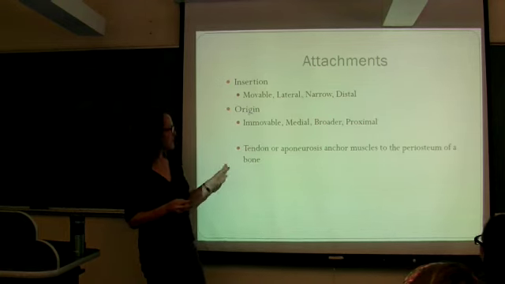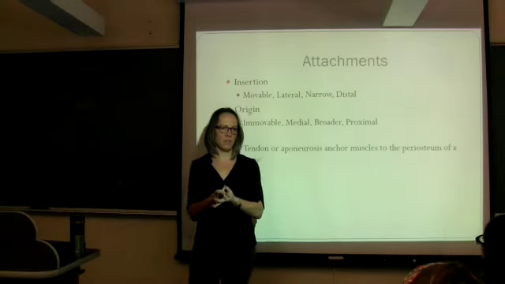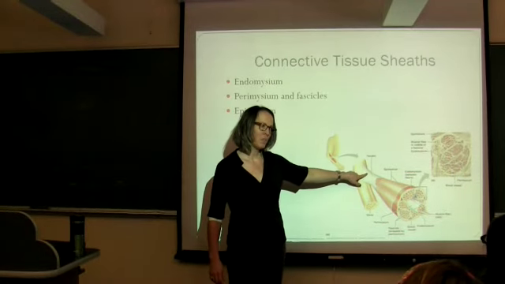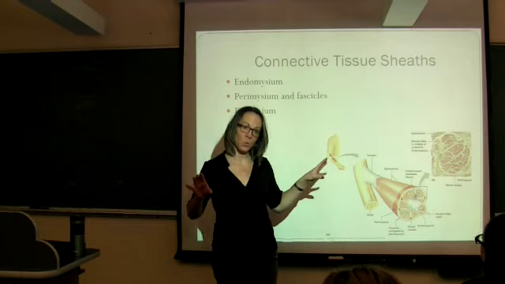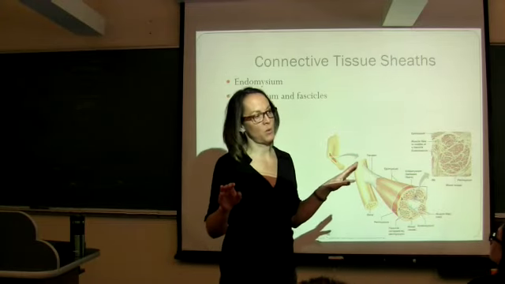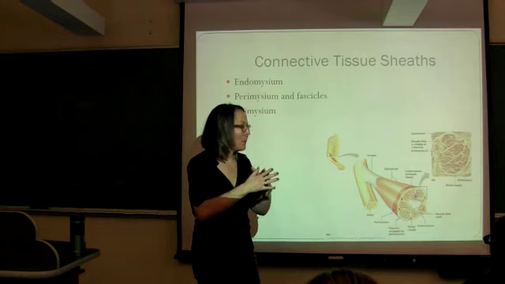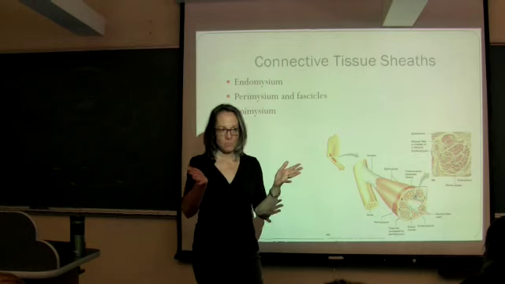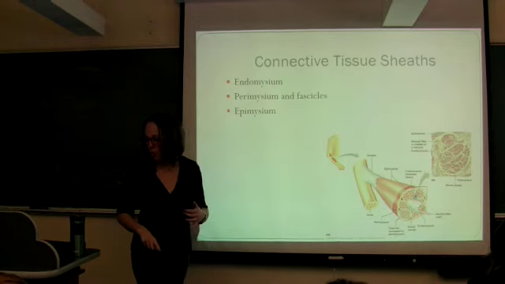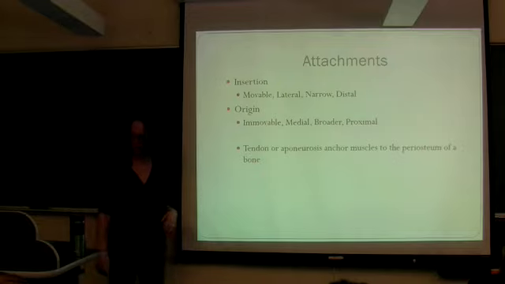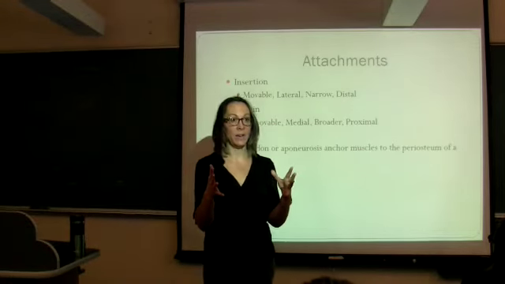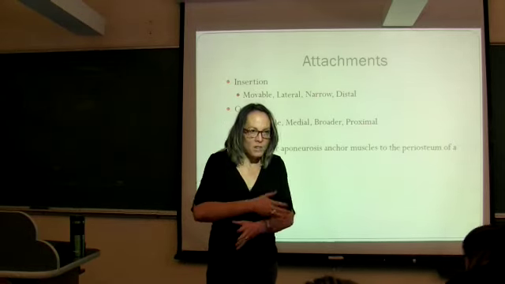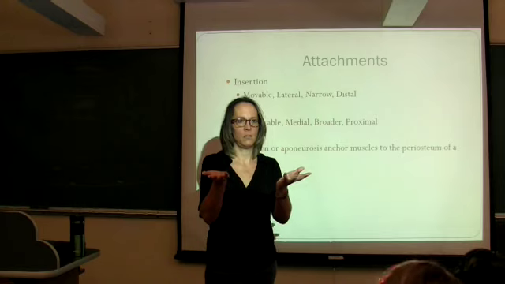Now, the attachments can go into a tendon, which is a very narrow connection of connective tissue from the muscle to the bone, or it can go to what's called an aponeurosis. An aponeurosis is simply a wider connection of dense irregular connective tissue, like we have one at the bottom of our foot that goes across the whole width of our foot, for example.